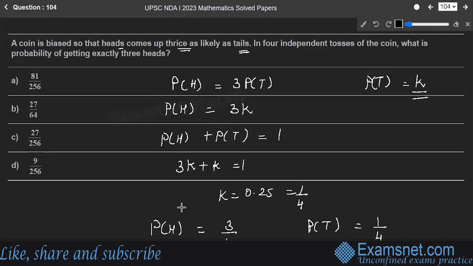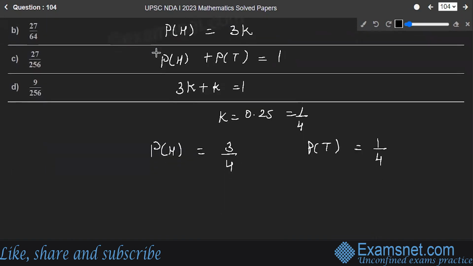Now, what you are asked is the probability of getting exactly 3 heads in 4 independent tosses of the coin.